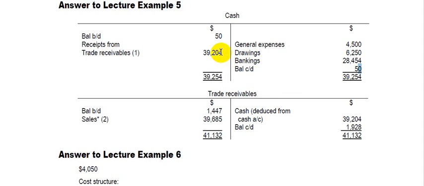So when you add the credits, you get 39,254. Subtract the opening balance of 50 to get 39,204. The 39,204, because this is a cash account, it means it's what you have received from your trade receivables.